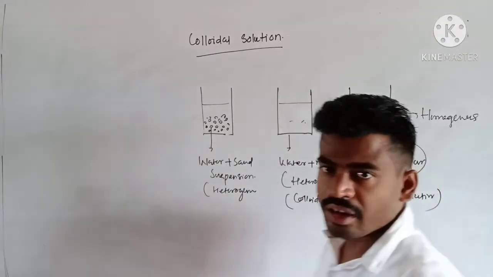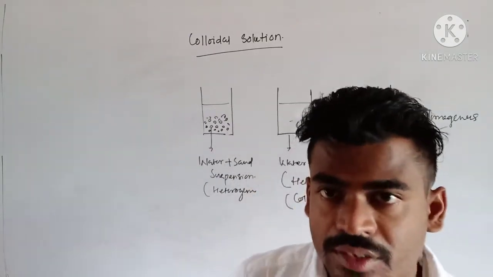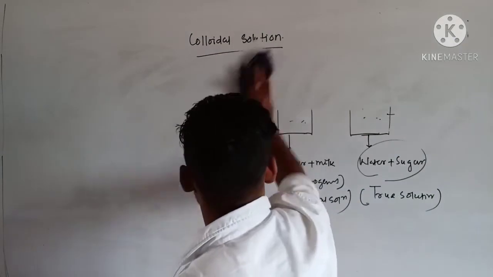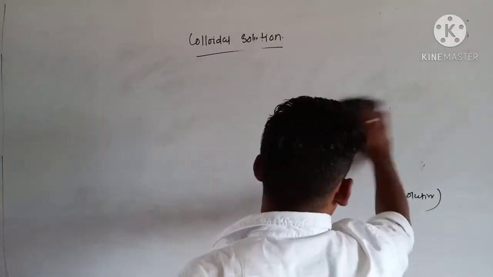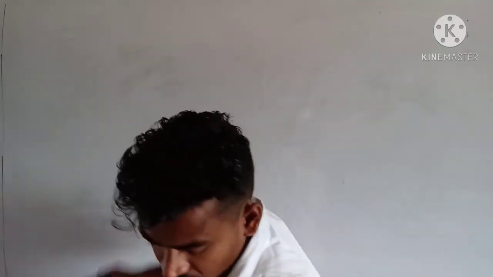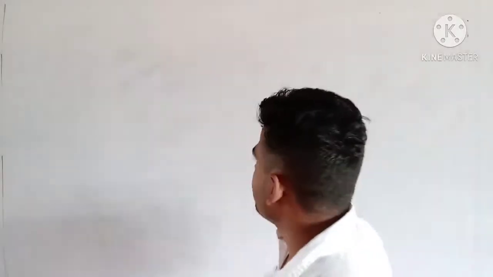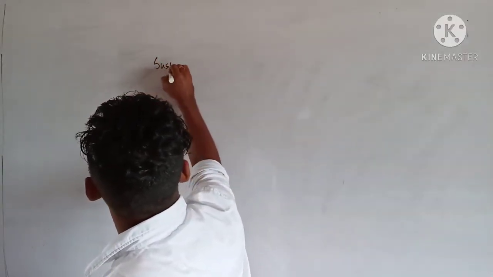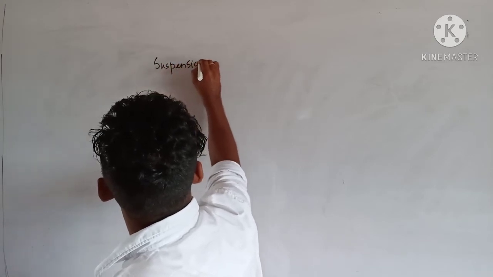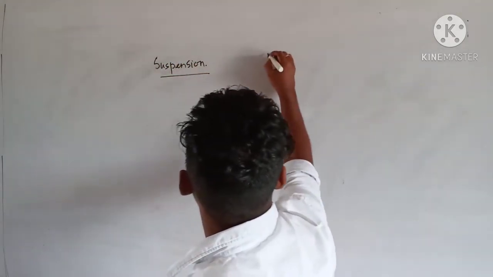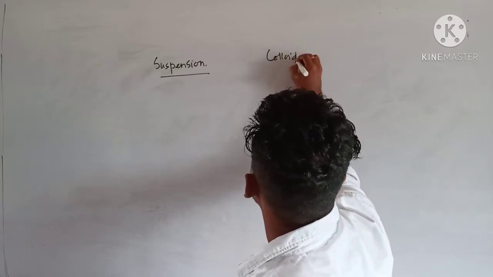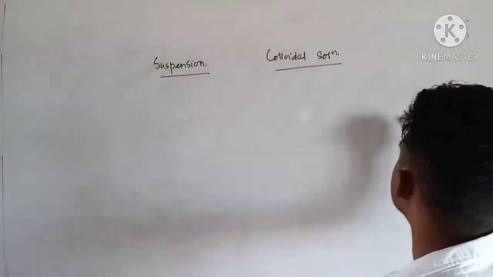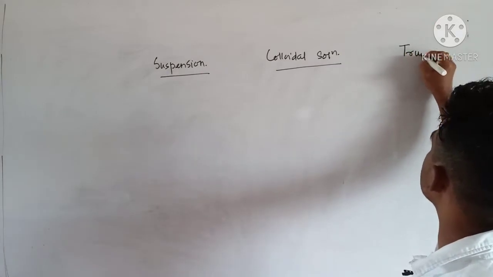Let us consider their properties, how they differ from each other. Very commonly, this one is suspension, this one is colloidal solution, and the last one is your true solution.